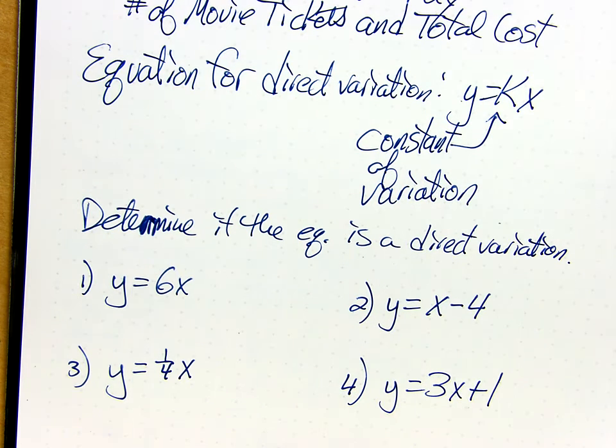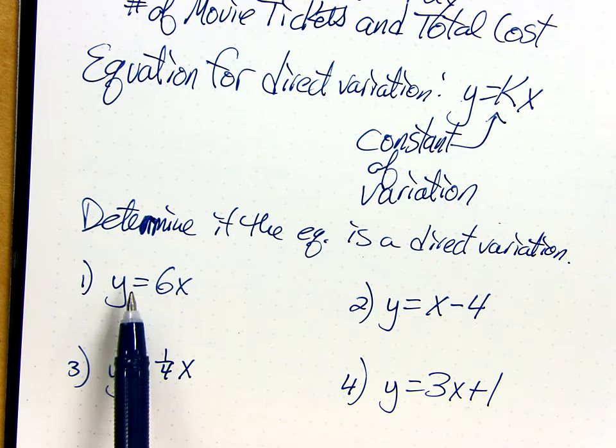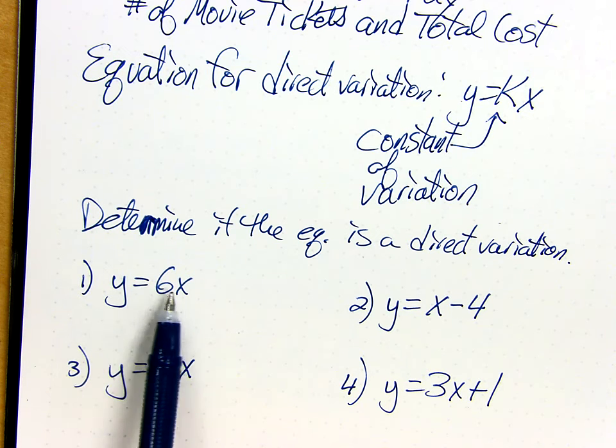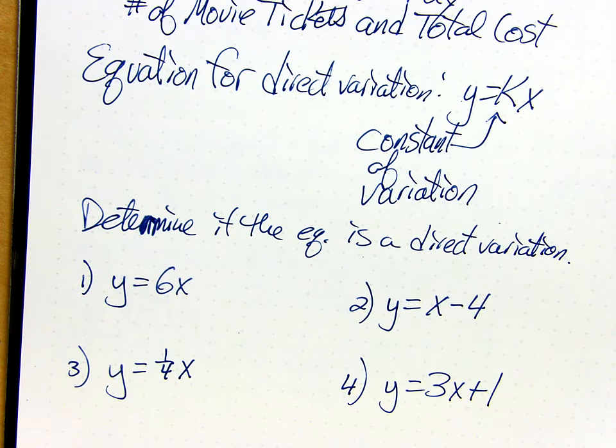And if it doesn't look like that exactly, is there a way you can make it look like that? So if I look at the first one, does this look like y equals some number times x? It sure does. So that, yes, absolutely is direct variation.